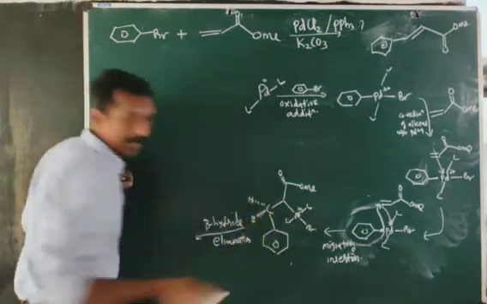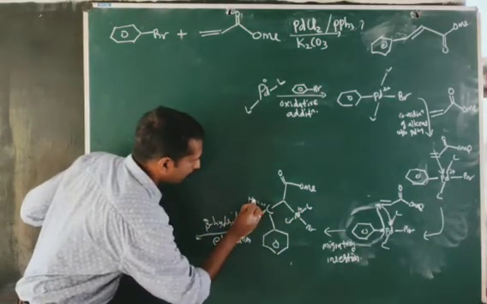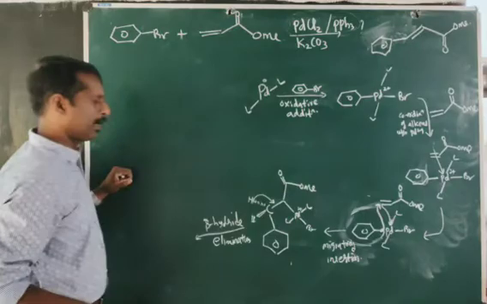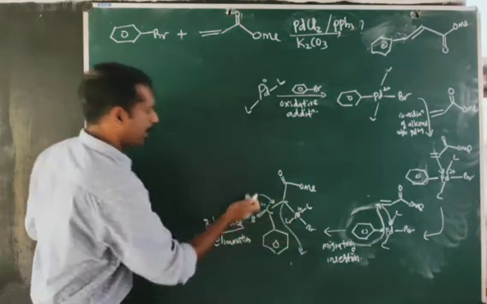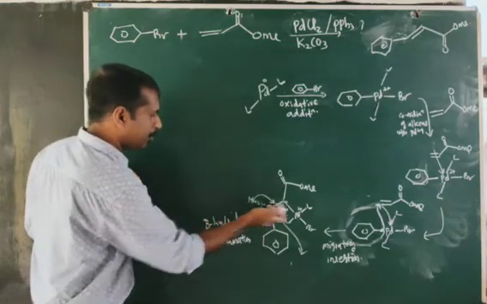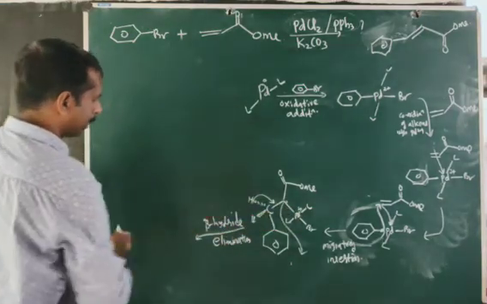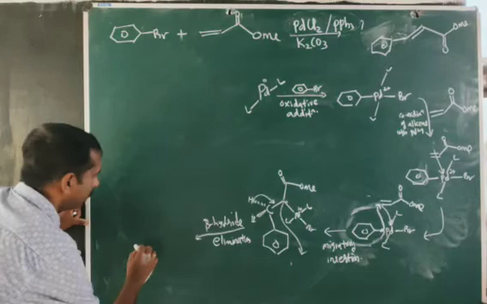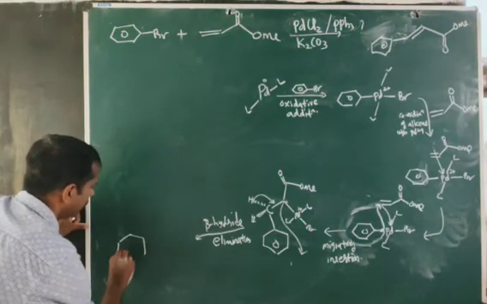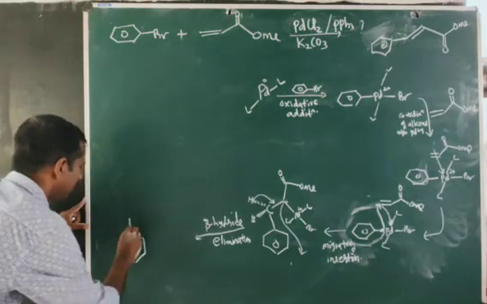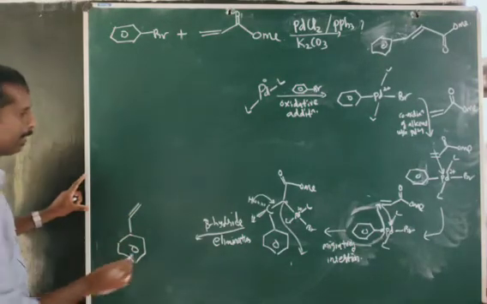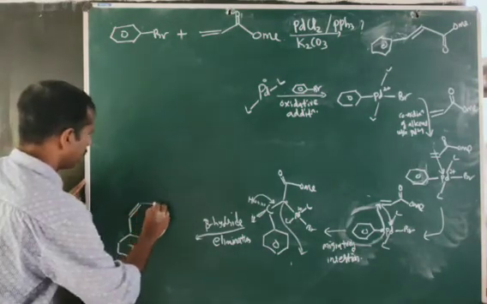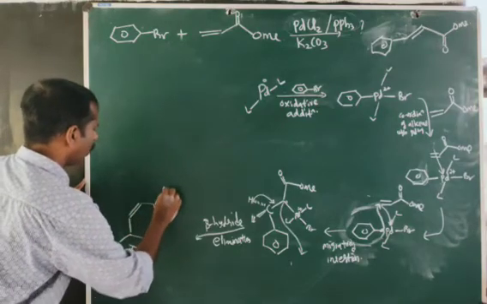What is beta hydride elimination? This bond breaks and shifts to here. And this bond breaks from here. So the beta hydrogen is eliminated. That hydrogen joins with this one, and we get a structure like this. Here you get a double bond, and here you get the double bond OMe.